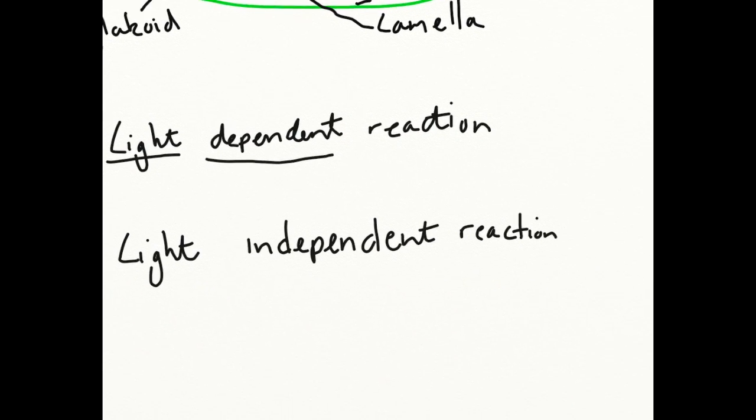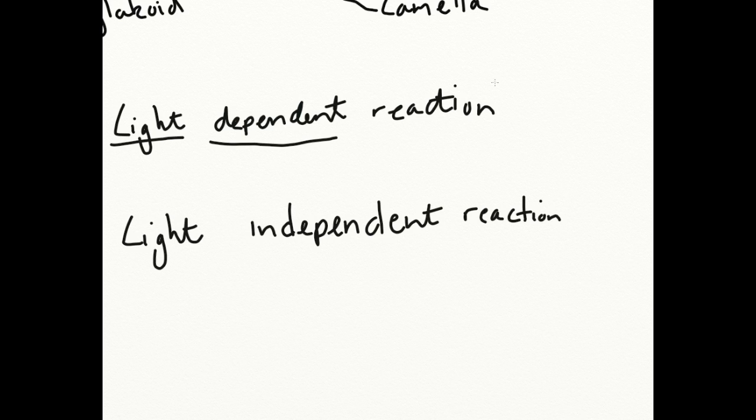Right. Now, both of these produce some products, and we'll start with the light dependent reaction. Basically, the light dependent reaction produces stuff that will go into the next thing. Okay, so the light dependent reaction produces ATP, it produces reduced NADP.